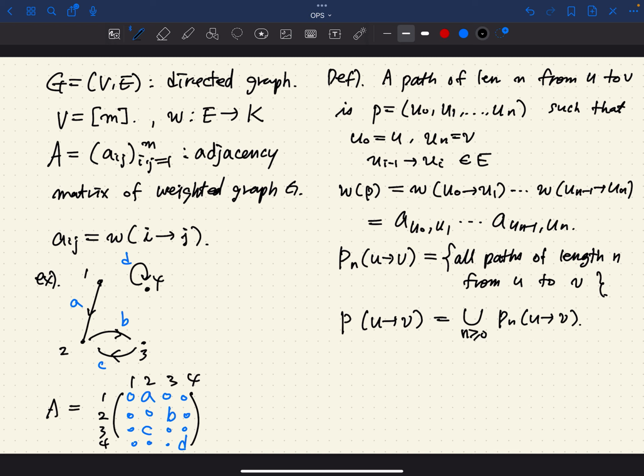Okay, now I'm going to state a lemma, two lemmas actually. So first lemma. Let i and j be vertices in our graph, and n a non-negative integer.